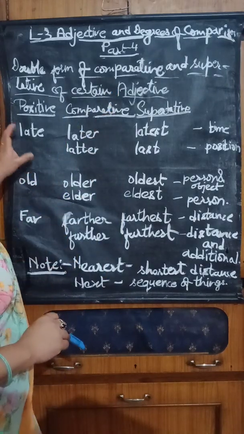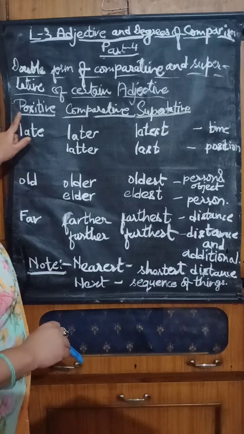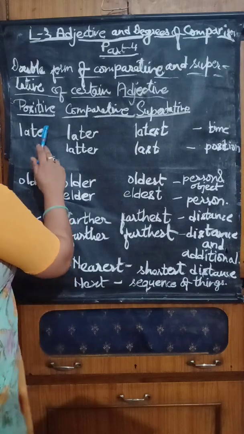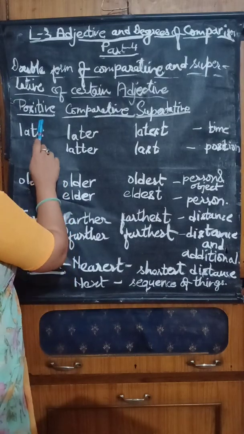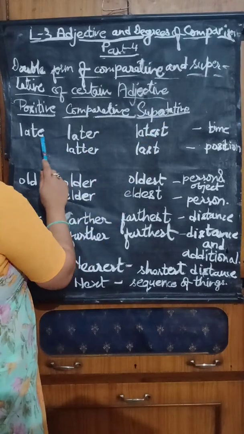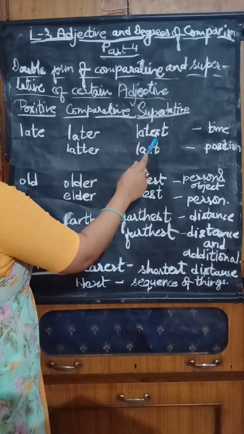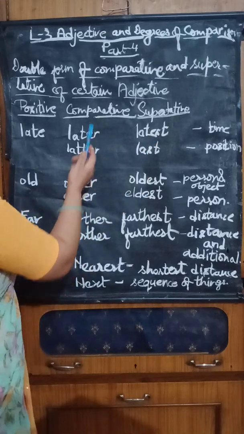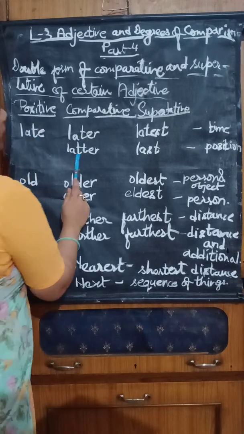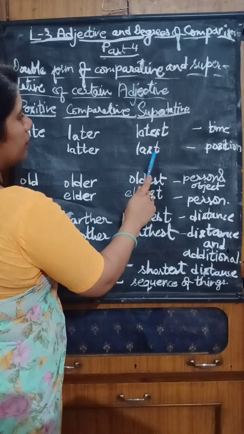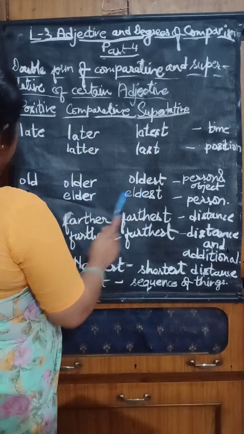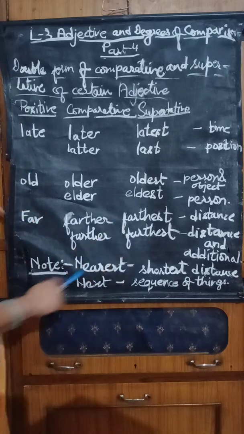So here there are a few words like late, old and far. These are the positive forms, and their comparative forms: late has later, latest, and one more type of comparative form, latter and last. Then old, older, oldest, elder, eldest, and far, farther, farthest, and further, furthest.